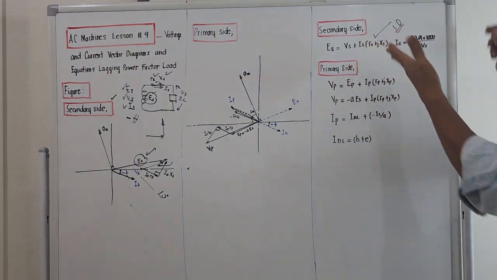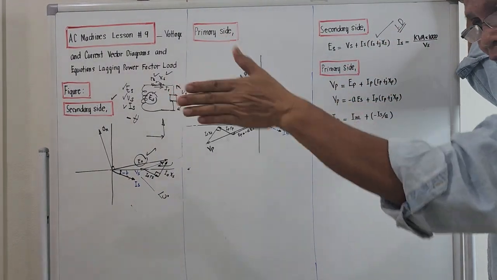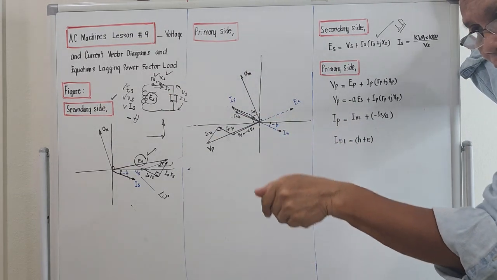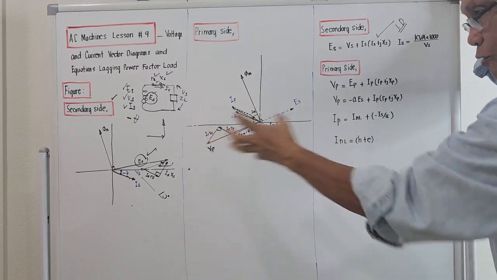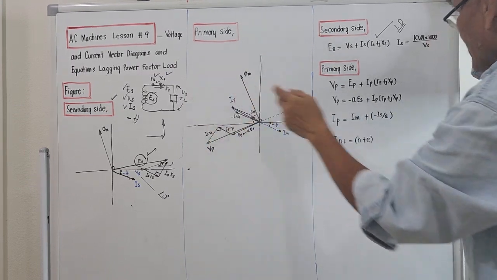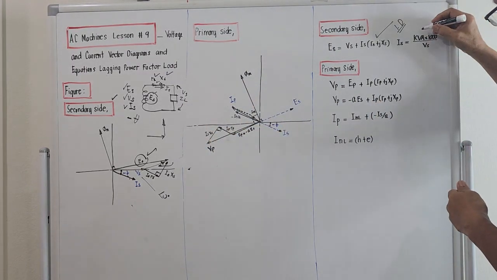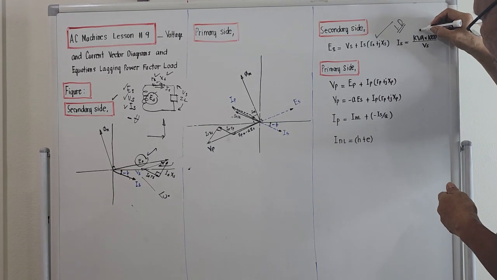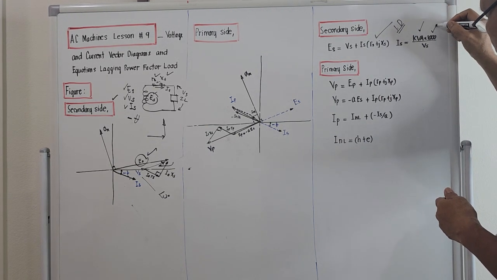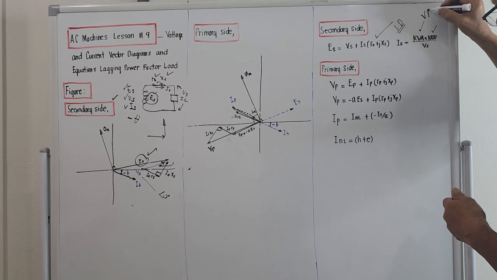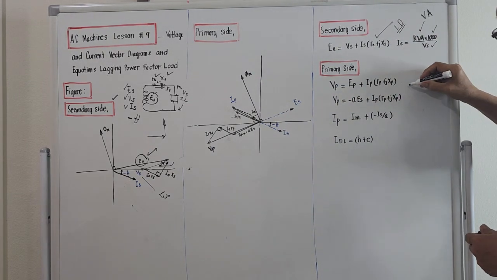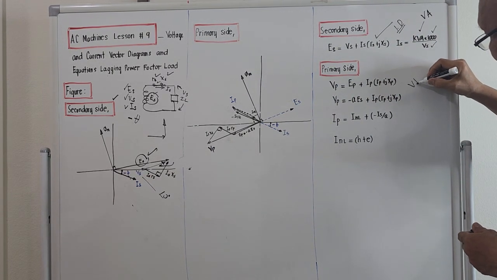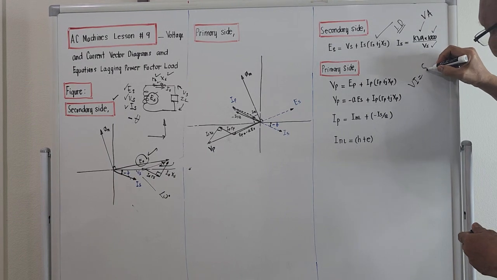And how could we compute for the current? The last time around, I forgot to bring out the formula for the value of I sub S. For I sub S on the secondary side, just take the kVA rating of the transformer multiplied by 1000 to convert it to volt-ampere, divided by the value of V sub S, because the product of voltage times current is apparent power.